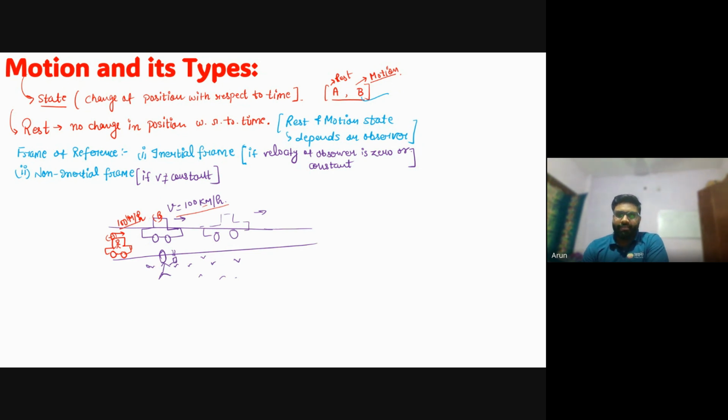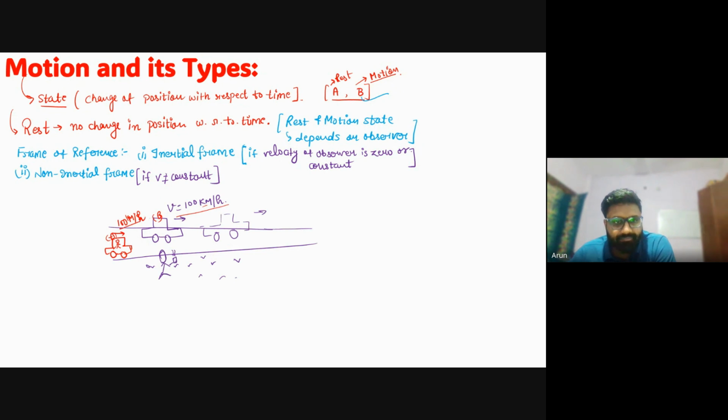So tell me, is this car in motion or rest? Tell me, each and everyone. Come on, guys. The car that you are observing is also moving at 100 kilometer per hour.